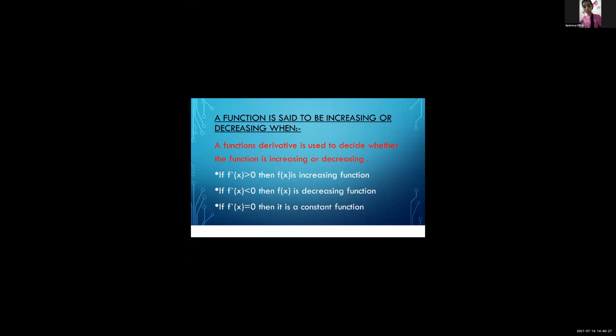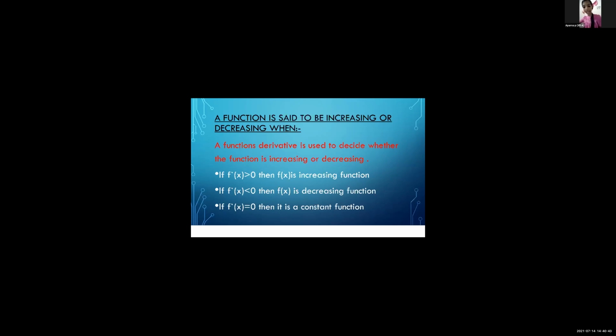So there are three situations we have to understand. That is, when the function's derivative is greater than 0. If we are getting a value which is greater than 0, like 1, 2, 3, etc., then f of x is an increasing function.